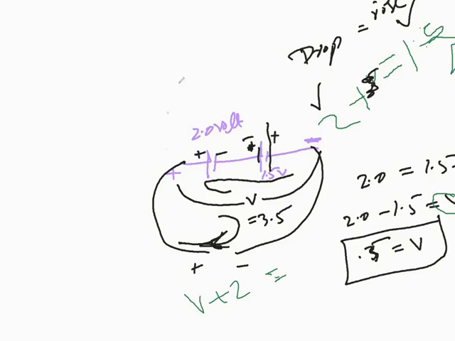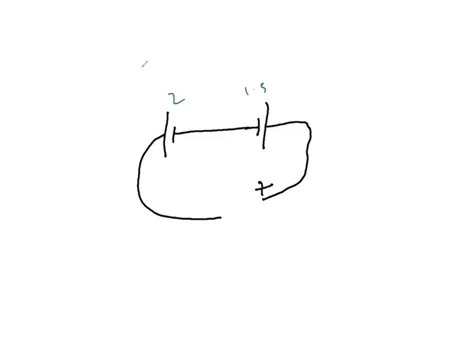Confused? Okay, I am explaining it again. If the battery is like this, and let's say here I have a terminal, so this is the positive terminal, because this battery is positive. And over here I will get 1.5.